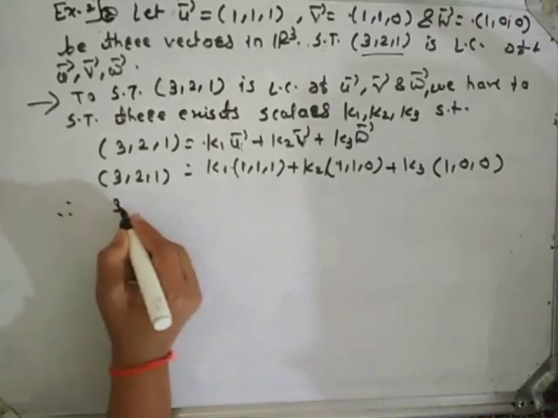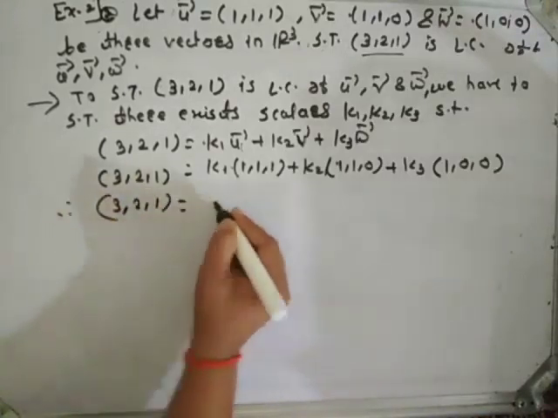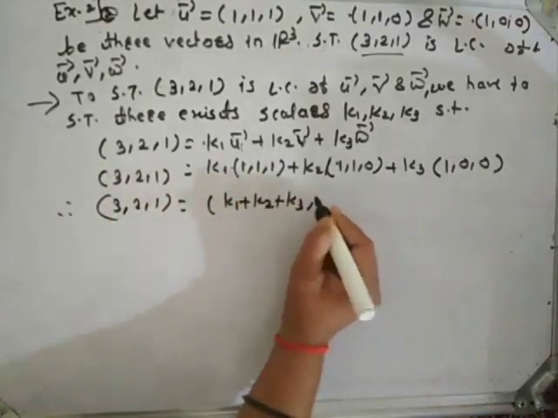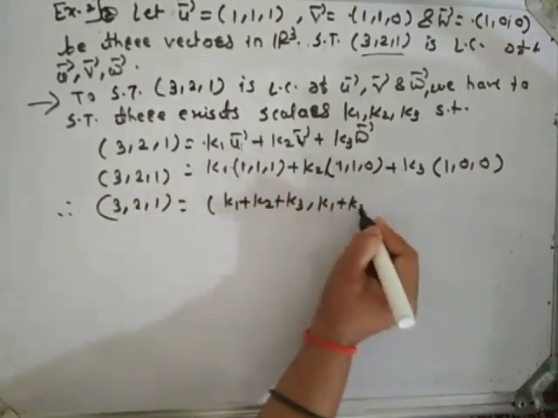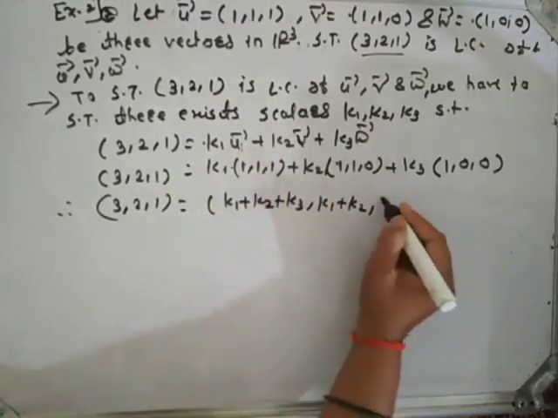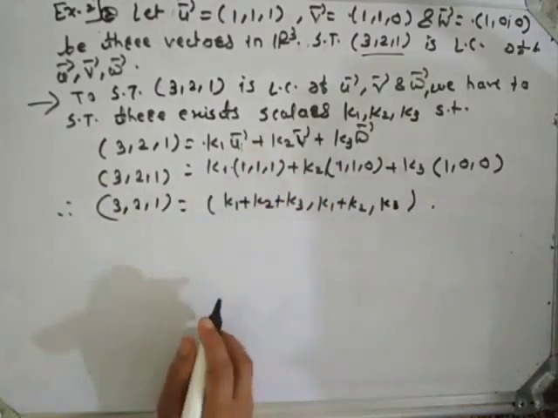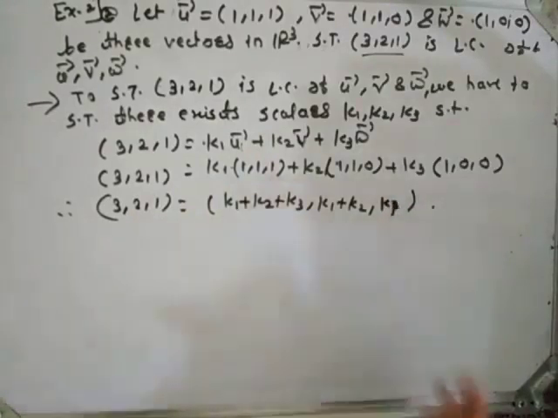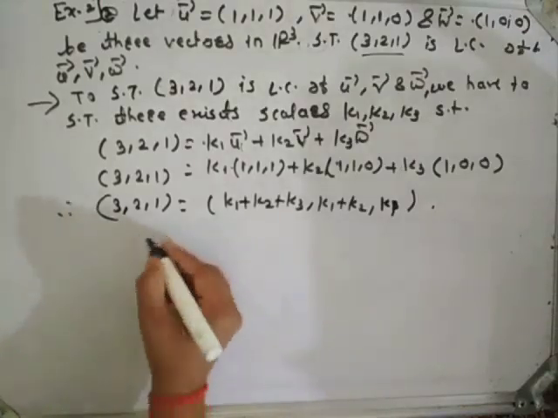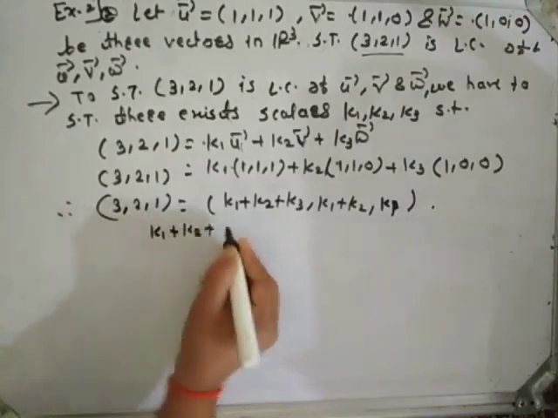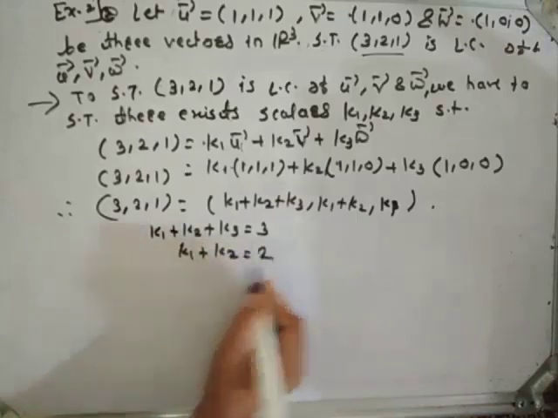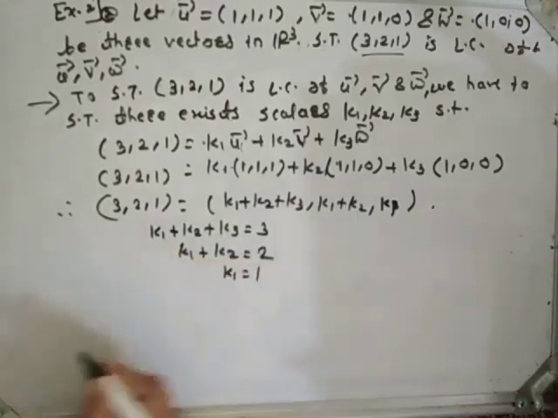Therefore vector (3, 2, 1) is equal to (k1 plus k2 plus k3, k1 plus k2, k1), taking component-wise addition. Equating the corresponding components, we get k1 plus k2 plus k3 is equal to 3, k1 plus k2 is equal to 2, and k1 is equal to 1.